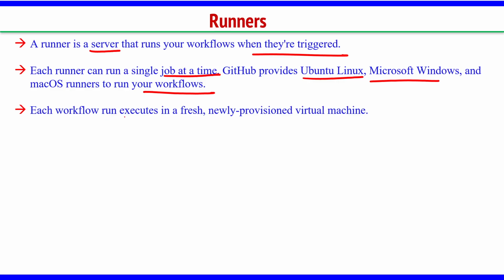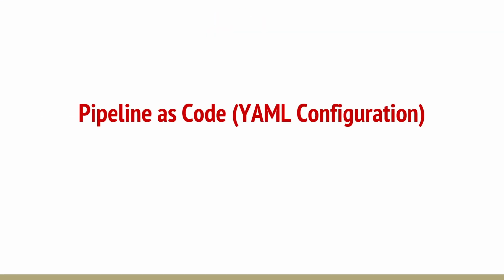Each workflow run executes in a freshly provisioned virtual machine. Every time you are executing a workflow, each job will execute in a virtual machine runner. That will be a new setup. Always a fresh virtual machine is created. So that is about the runner.